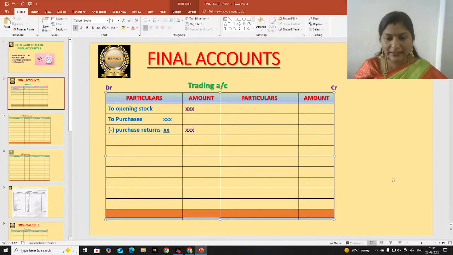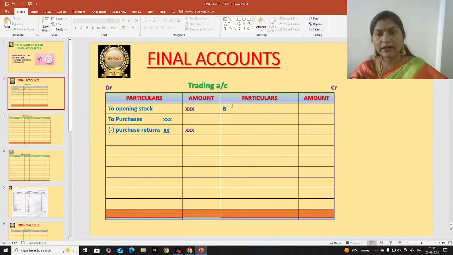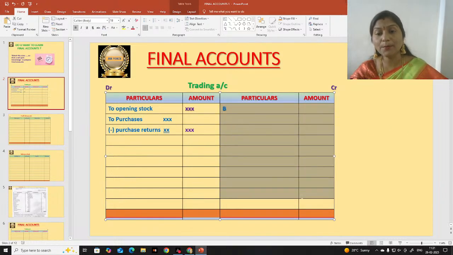So after writing this, next we are going to move to the credit side, and we will record the first item on the credit side. Always the first item on the credit side is sales. Sales is the first item on the credit side, but whenever you start any item on the credit side, you should start with By.